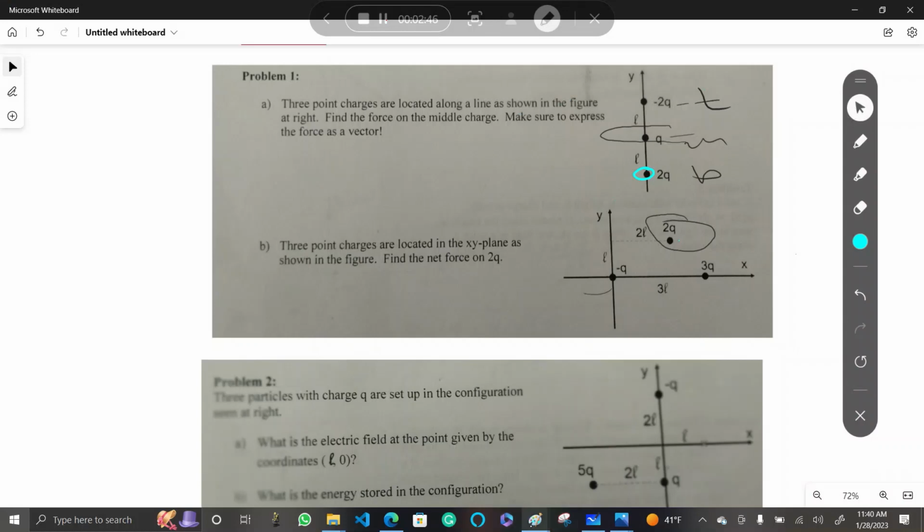So I will draw my axis something like this. I have the y-axis along that direction. Let me call this the z vector.